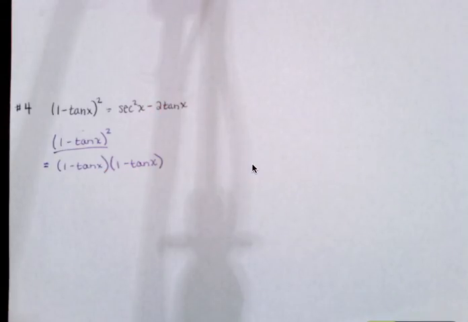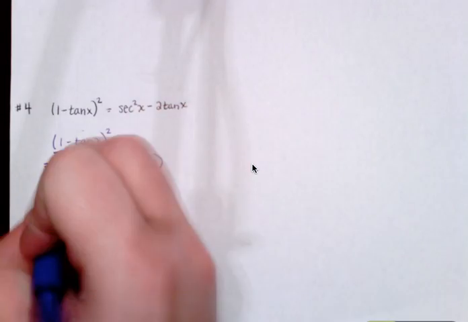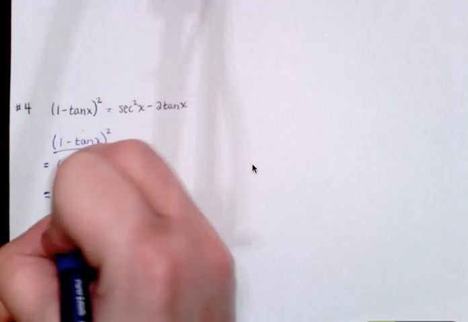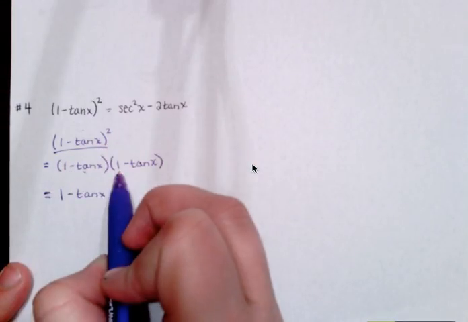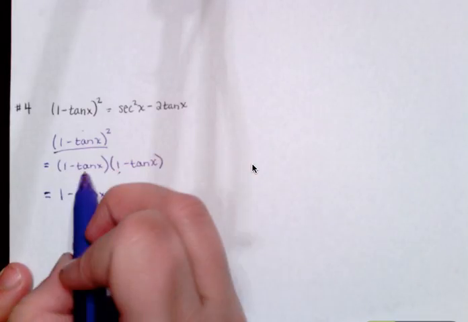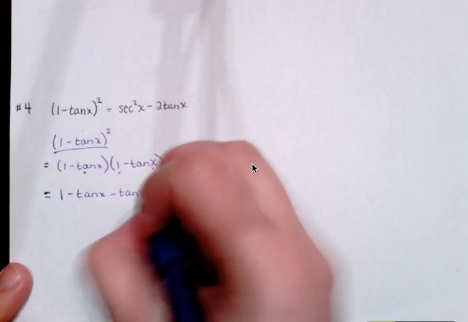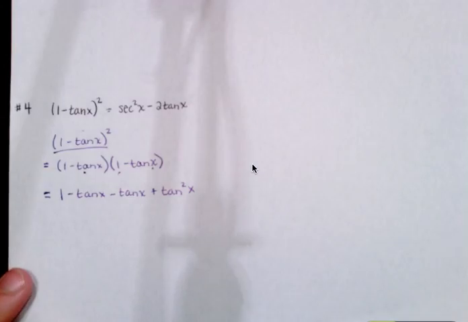Now, the only thing I really can do after I rewrite that is multiply it out. So when I do that, you get 1 times 1 is 1. 1 times negative tangent is negative tangent of x. Negative tangent times 1 is negative tangent of x. Negative tangent x times negative tangent of x becomes a positive tangent squared of x.